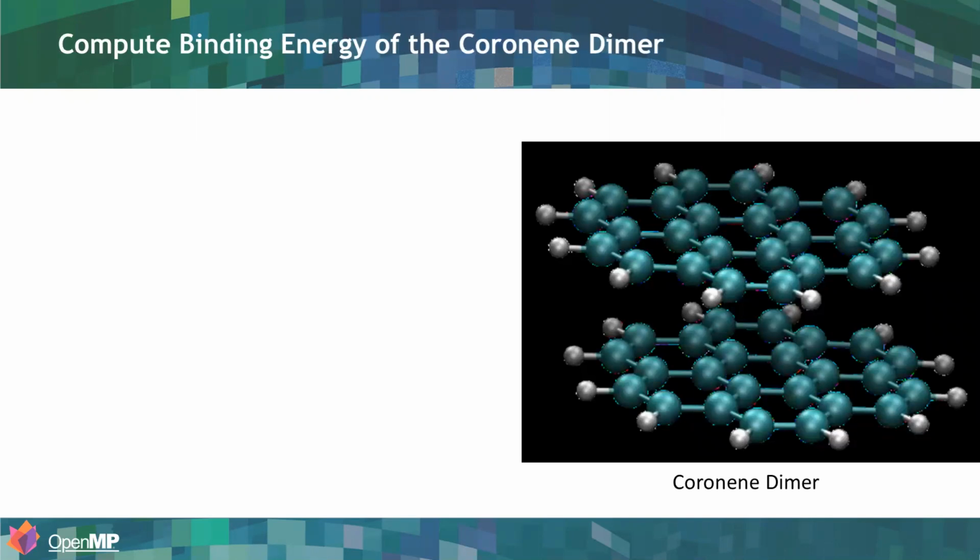The following use case is the computation of the binding energy of the coronene dimer. This comes from chemistry. The coronene dimer is shown in the image. Dimer means two molecules, and we want to know what is the binding energy of these two molecules.